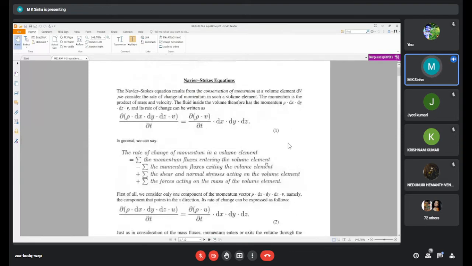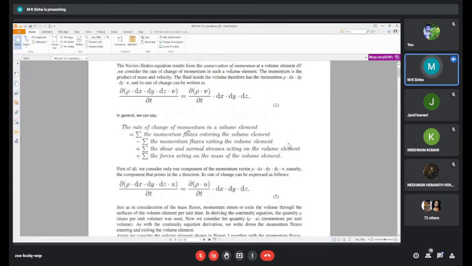It is equal to, see, the rate of change of momentum in a fluid element equals the momentum influx, or entering flux, plus the leaving flux, plus the shear stresses, plus the weight or mass of the fluid element. All these terms are on the right side.